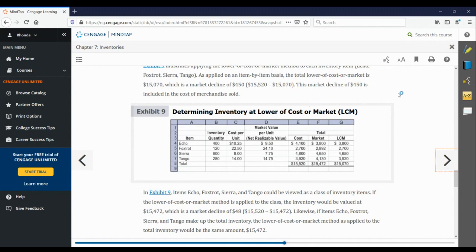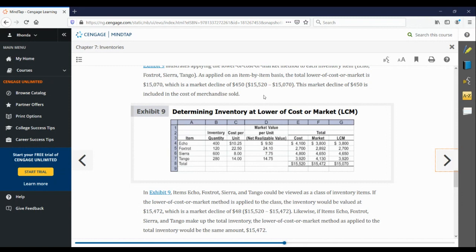So we would need to show this item as decreasing the amount of our ending inventory, which would make our cost of merchandise sold increase a little bit more. And that way our financial statements would end up correct if we have chosen to use the lower of cost or market method.